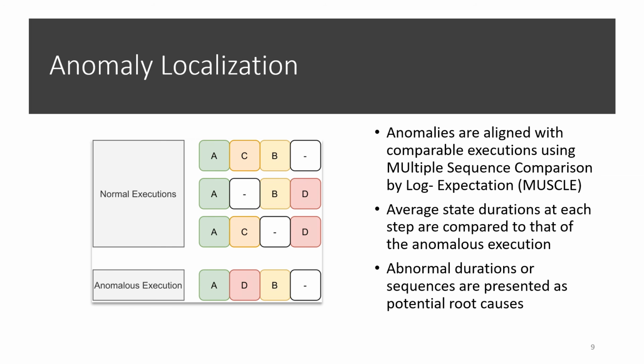And at each step of the aligned sequences, we determine the average state durations. So this means that we can identify abnormally long states or abnormally short states. We can also look for abnormal sequences, and then those would be presented to the user so that they can then see what was going on at that point.